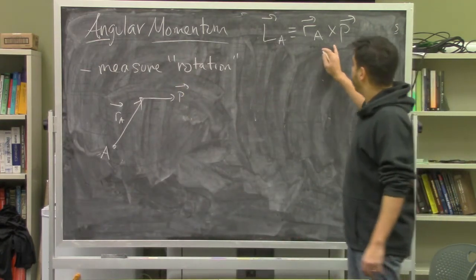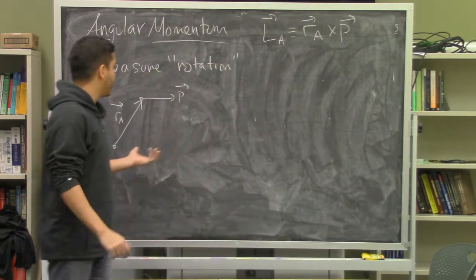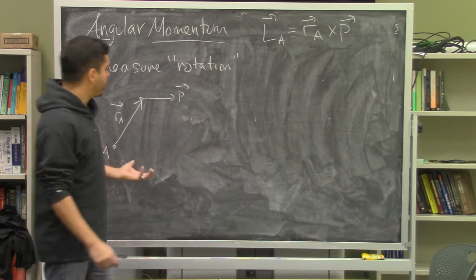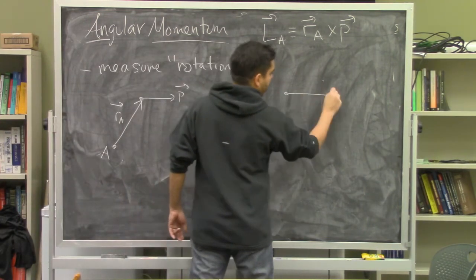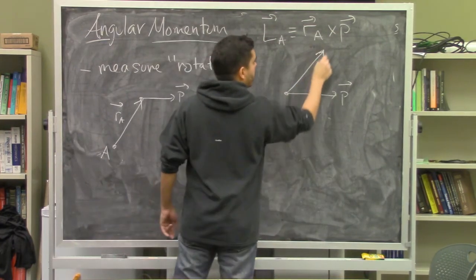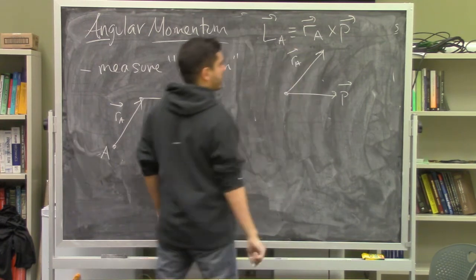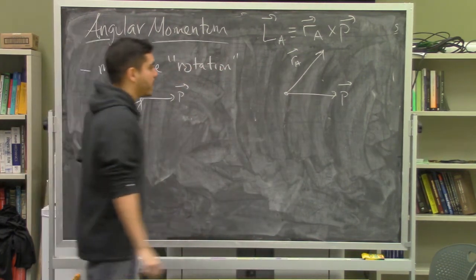Now, the details of how to calculate this are given in the notes, but I want to talk to you about the magnitude of this thing a little bit. So as we did with torque, we're going to consider the magnitude first, and we're going to shift things around a little bit. We're going to have a momentum vector here. We're going to move the location vector up, as I said we can do when we are trying to calculate these things.